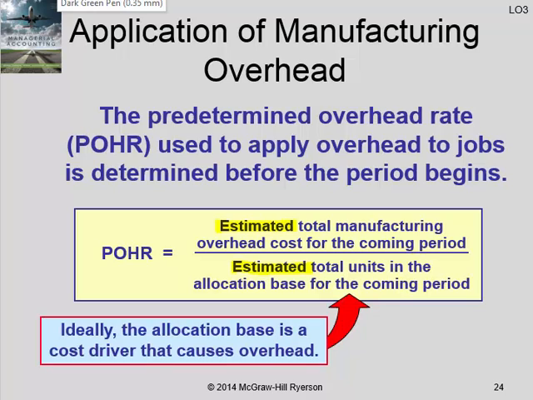How would we go about figuring that out, whether something was reasonable or not? Well, think back to the previous lecture when we looked at regression, right? If we can plot some history, if we have enough data points, we can run a regression, look at the R-squared, and we can look at overhead costs using a number of different potential bases and pick the one that's got the best R-squared, and that will give us a pretty good idea.